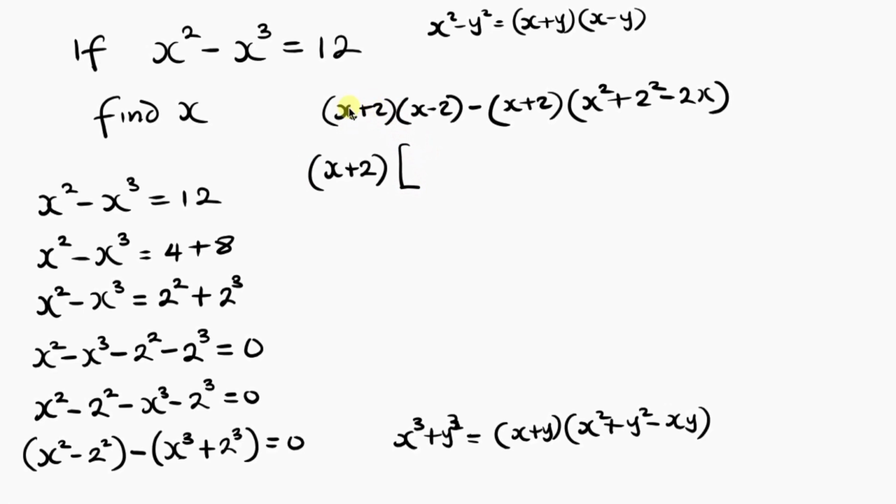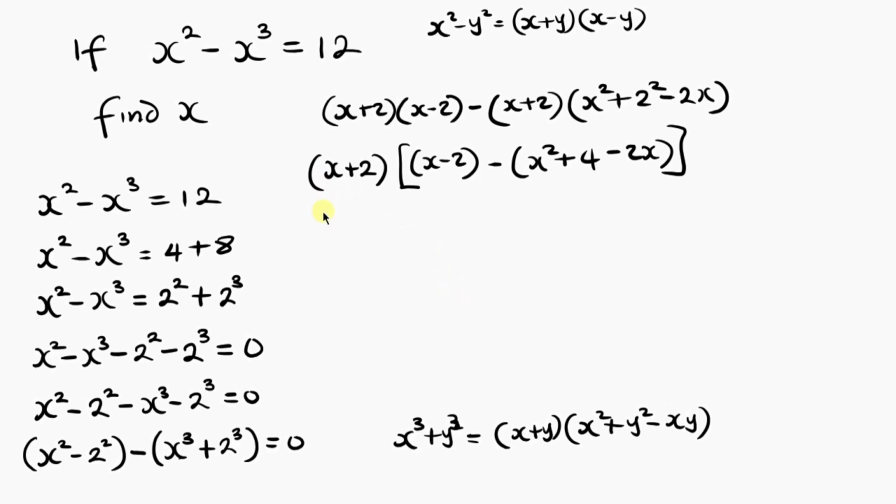Here, because x plus 2 is already out, I'm going to be having x minus 2 remaining here, minus what will be remaining here. x plus 2 is already factorized out, so I have this one remaining, which is x squared plus 2 squared. 2 squared is 4, so let's just put 4 there instead. So we'll put 4 minus 2x. Close your bracket and close your final bracket.